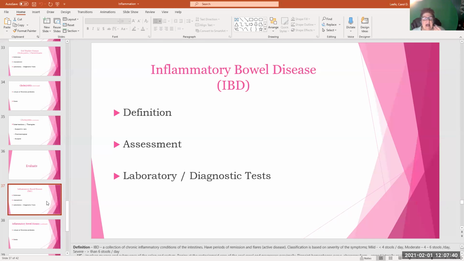So when they have tenesmus, or this pain associated with defecation with ulcerative colitis, you might see mucus and blood in those stools. Okay, they bleed very easily, and the chronic inflammation leads to atrophy and narrowing and shortening of the colon, where Crohn's is a skip lesion, where they may have a portion of the intestines here that's affected, and then it goes on and it's fine, and then another lesion.